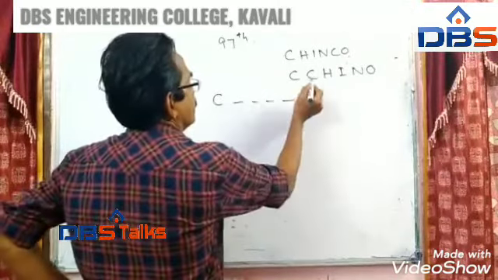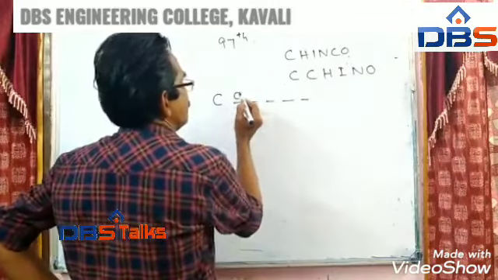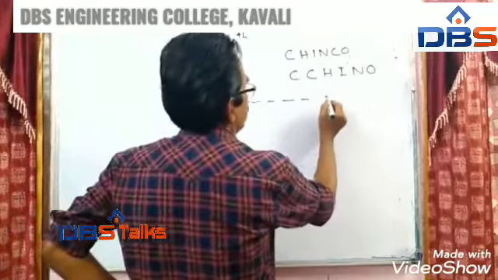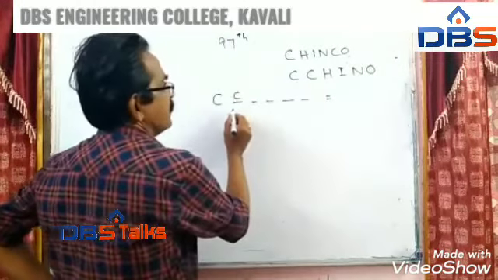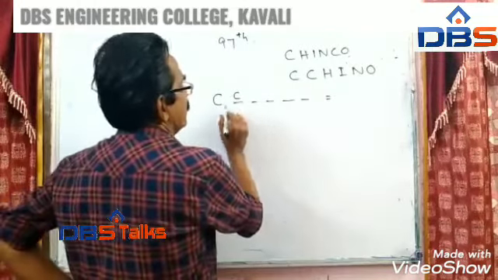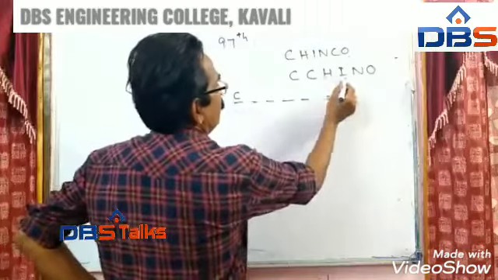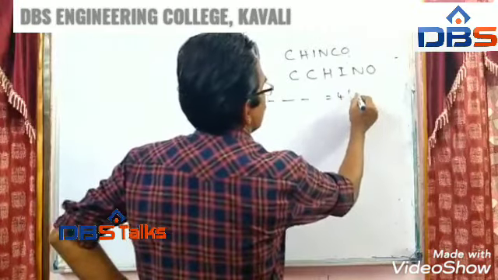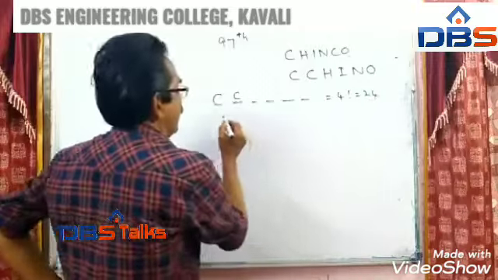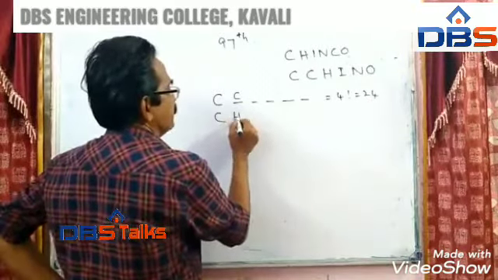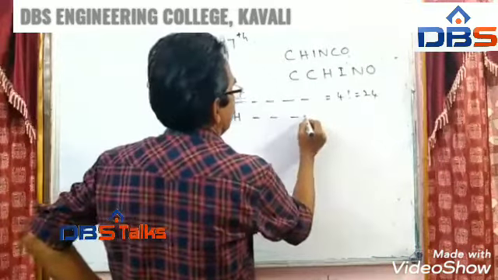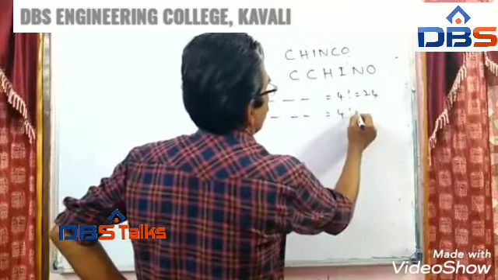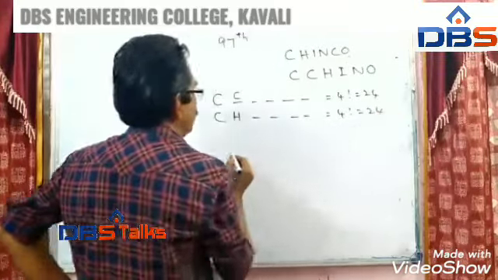So the next letter is C. The number of words beginning with CC is 4 factorial, that is 24. The number of words beginning with CH is again 4 factorial, that is equal to 24.